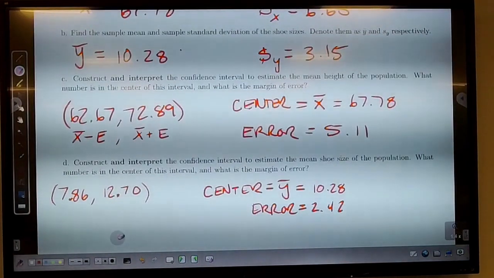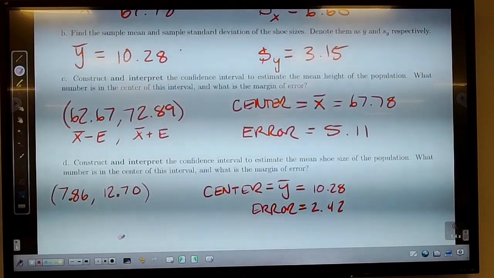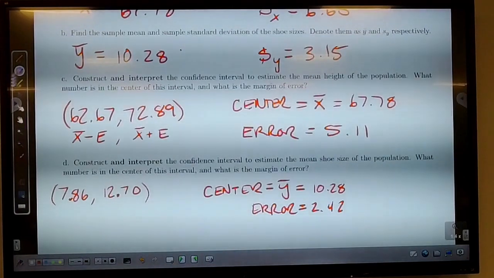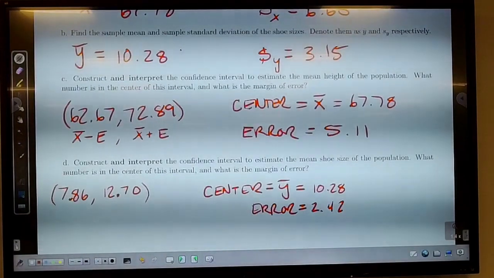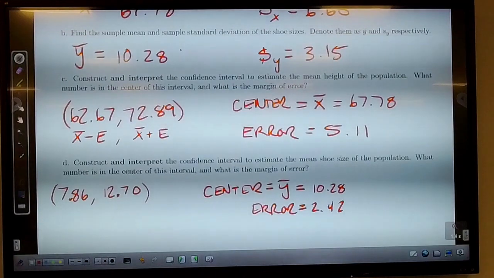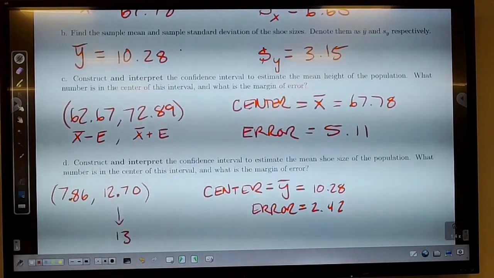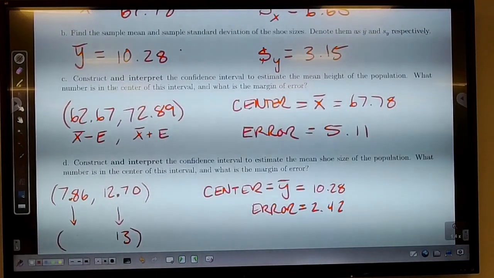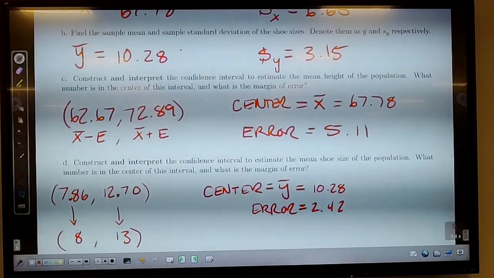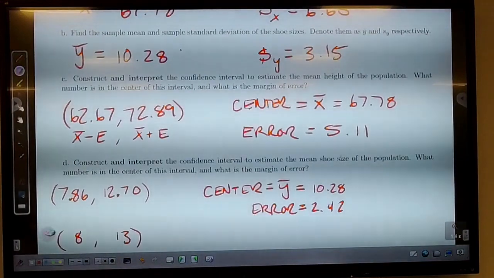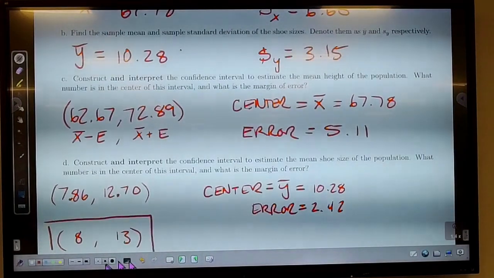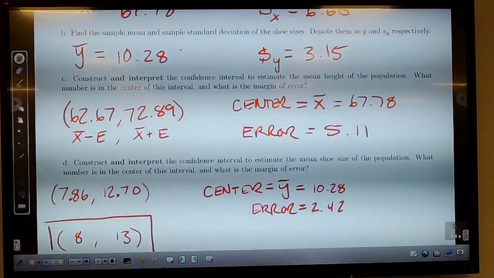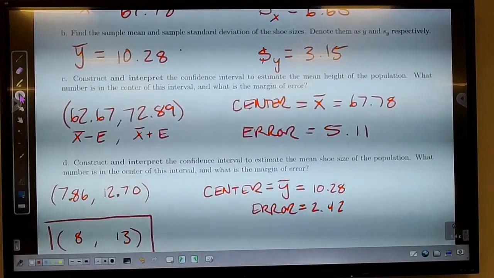So if your foot needs a size 12.7, then what size shoe would you be buying? A 13. And if your foot needs a 7.86, what size shoe would you be buying? So really, this is our best information.